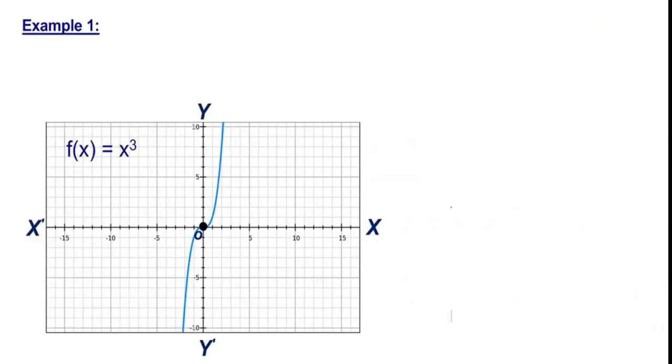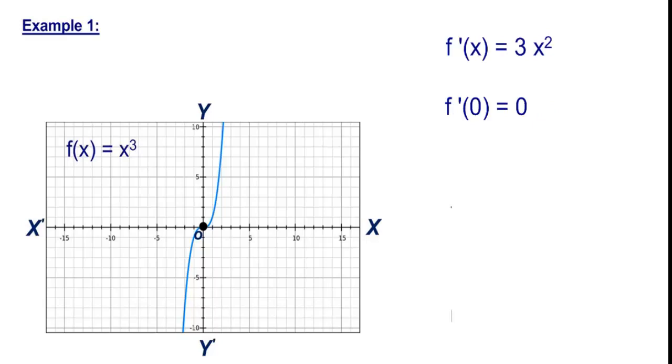Consider the graph of the function f of x is equal to x cube. Let us see what is the first derivative of this function. So, f dash x is equal to 3x square. Now, let us evaluate f dash x at x equal to 0. So, we have f dash 0 is equal to 0. So, what do we observe here?